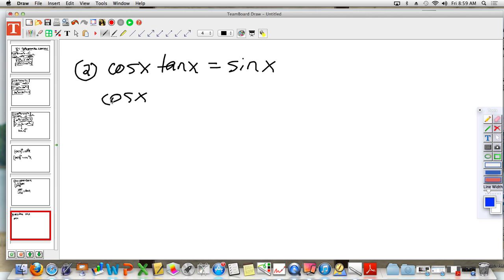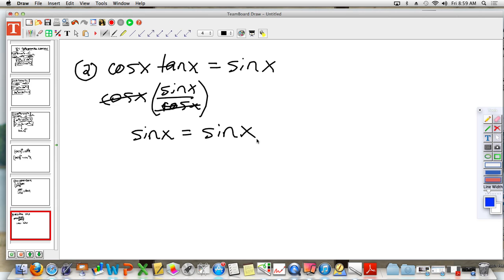Sine divided by cosine. So I'm going to rewrite this tangent as the sine divided by the cosine. Do they cancel out? The cosines cancel out. What do you have left? Sine. Sine of x is equal to sine of x. So these are kind of like puzzles. You have to try to get the left side to look like the right side.